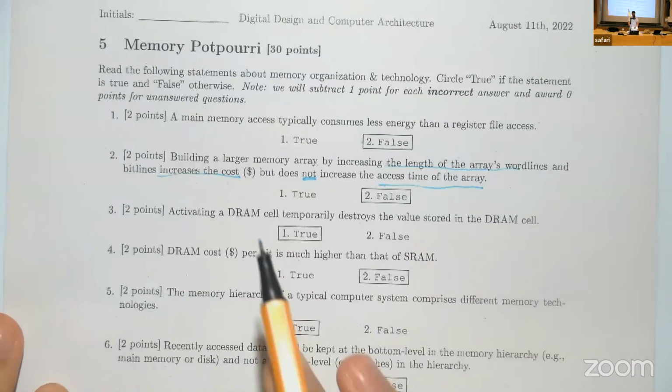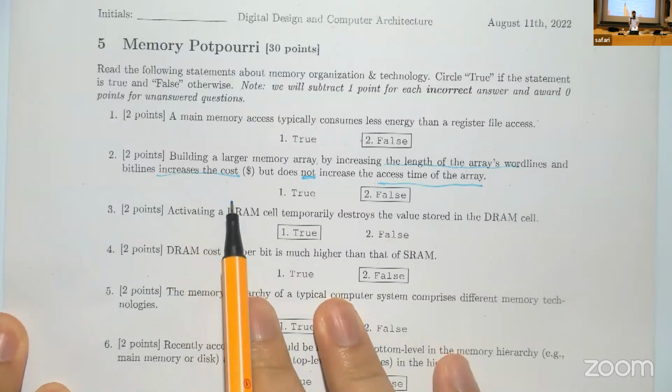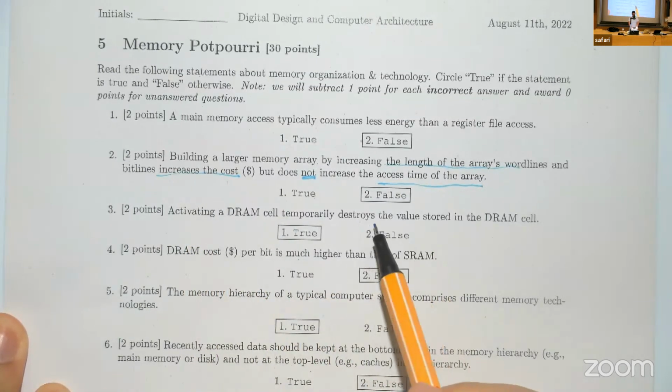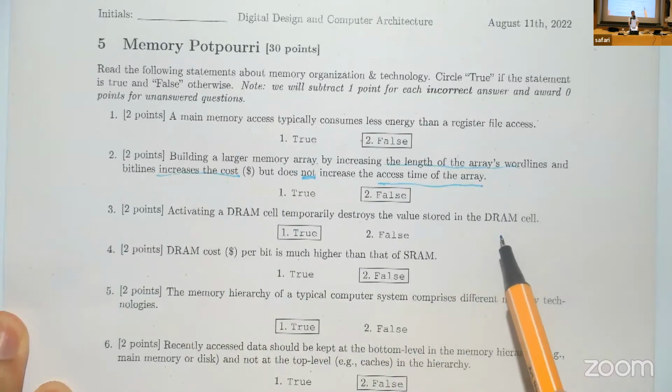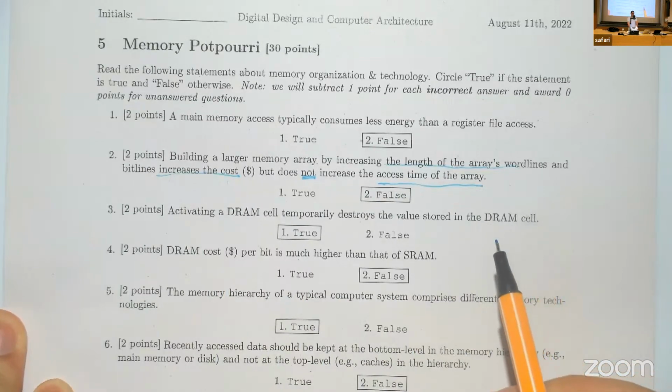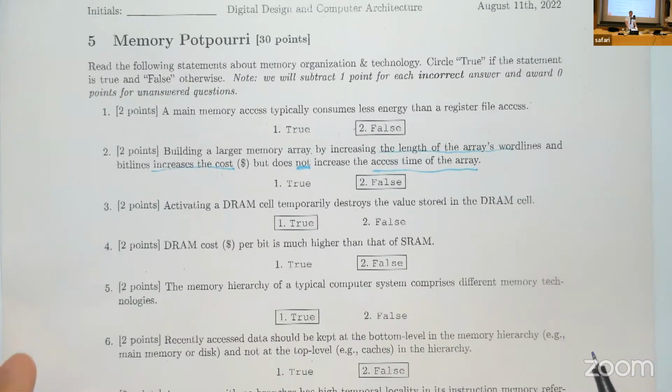The third one is: activating a DRAM cell temporarily destroys the value stored in the DRAM cell. This is true because, if you remember from the main memory lectures, when we activate a DRAM cell, we're activating a word line that connects the cell to the bit line. After the cell is connected to the bit line, it will share its charge with the bit line, meaning that whatever value it was holding is now essentially gone.